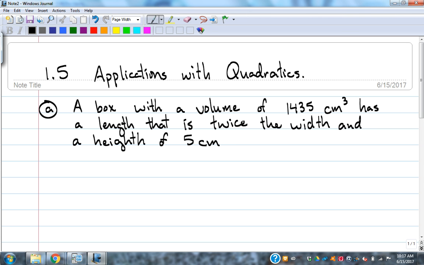Very small box. Find the width. Okay. All right.